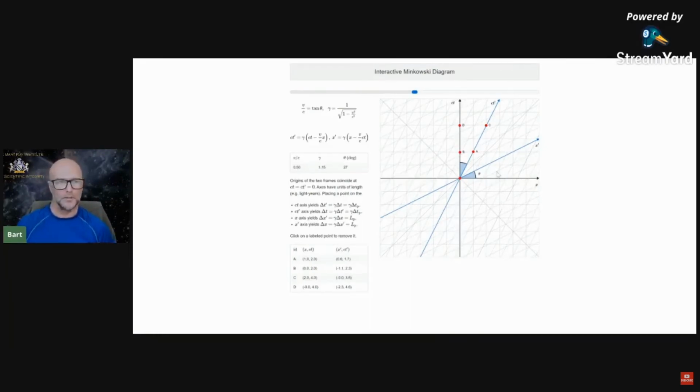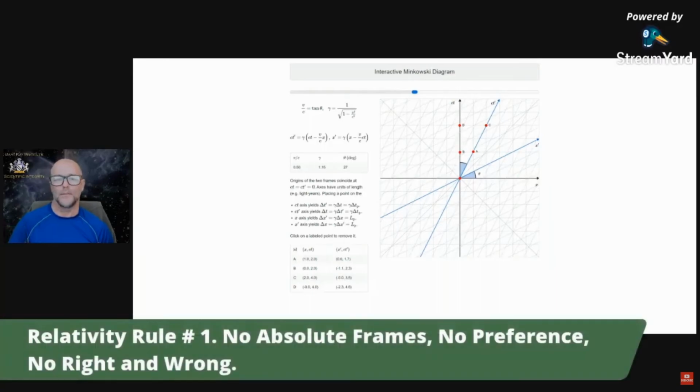Because if we look again, shall we, at rule number 1, it says unto us. No, it doesn't say. It says icky. No, it doesn't say that either. It says there are no absolute frames.